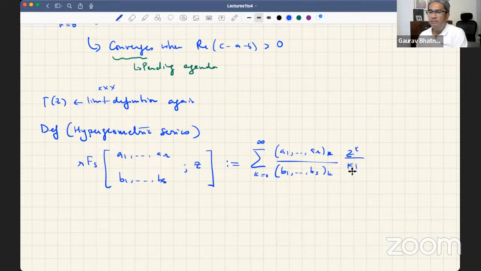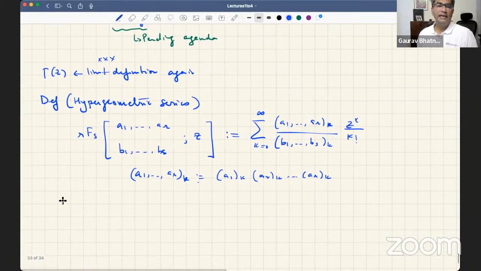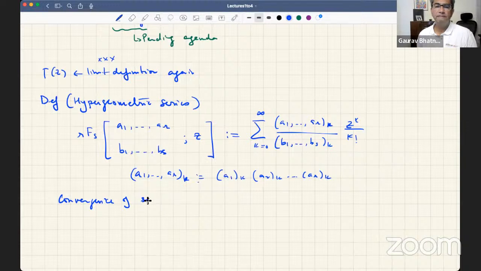This (1)_k comes as k factorial; it's always there. Of course, (a_1 to a_r)_k is the same as (a_1)_k (a_2)_k, etc. So we'll still use it, and we will discuss convergence of this series later.